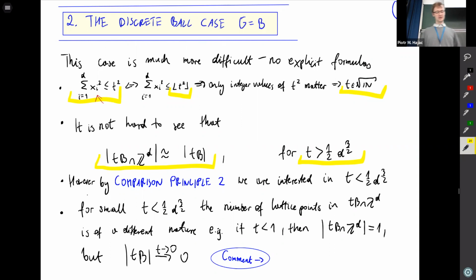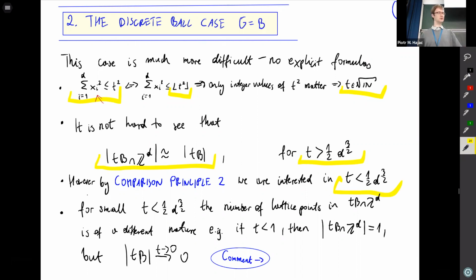This is an easy exercise: the number of lattice points can be related to putting cubes with centers at those lattice points, and then if you think how they can be arranged, you can get this estimate. This is essentially the Lebesgue measure of the set. Okay, but by the comparison principle, we are really interested anyway in t smaller than that, so it's not really going to help that we have this estimate there.